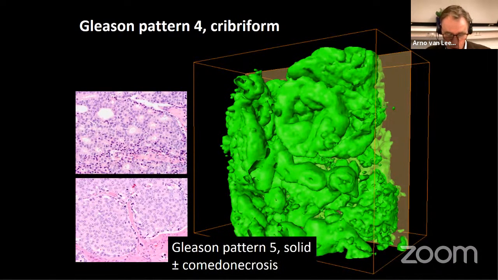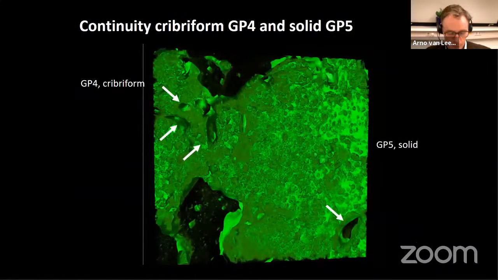And this pattern is continuous with solid pattern 5, which has the same overall structure, but lumina are not being formed between the cells anymore. Here again, you can appreciate the continuity of cribriform pattern 4 and solid pattern 5. In the left corner, lumina are present between the tumor cells, being characteristic for cribriform pattern 4, and on the right, these lumina are absent, being typical for solid pattern 5.